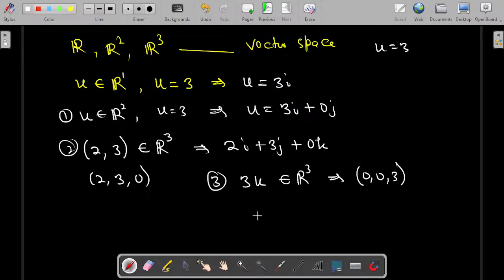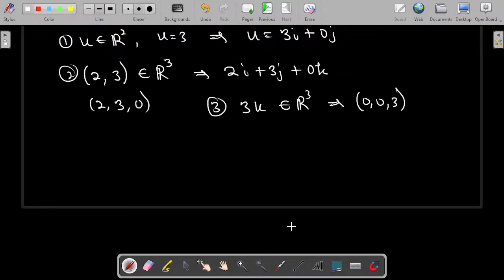Now, back again to another way that you can see this particular example I'm talking about. Note that your i, j and k represent what we call the unit vectors. Let me define the unit vectors now. Unit vectors are vectors that have magnitude 1. We are going to define magnitude later.